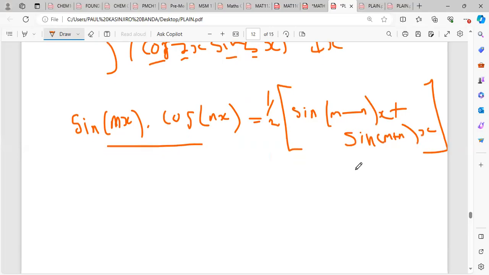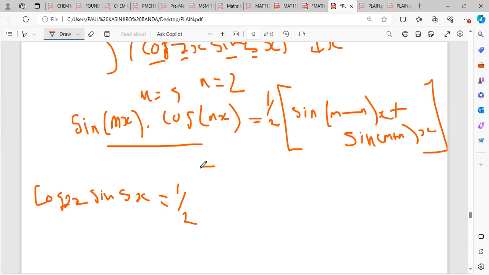So here what do we have? Take note that our m there is just 5 from this given equation, and our n there is just 2. So from our given equation, which is cos 2x, then sine 5x there, this is equal to, we're going to put half, then in the square brackets we're going to say sine (m minus n).